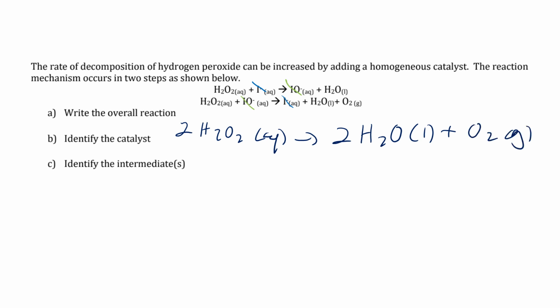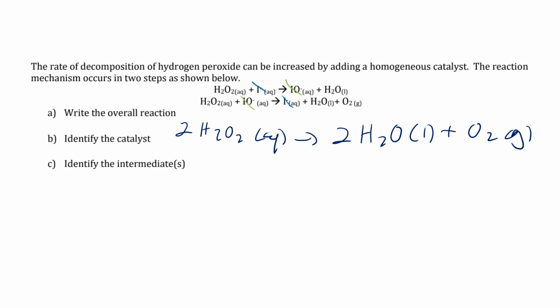Identify the catalyst, identify the intermediates. So remember our definition of a catalyst in terms of a reaction mechanism. The catalyst is used in one of the elementary steps, but is regenerated by the end of the reaction. So that means it has to be present as a reactant, but at the end of the second step, it actually will pop up again on the product side.